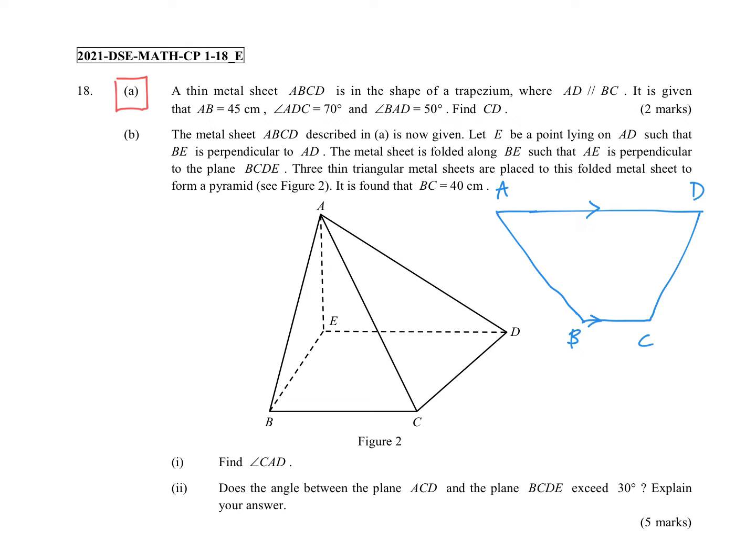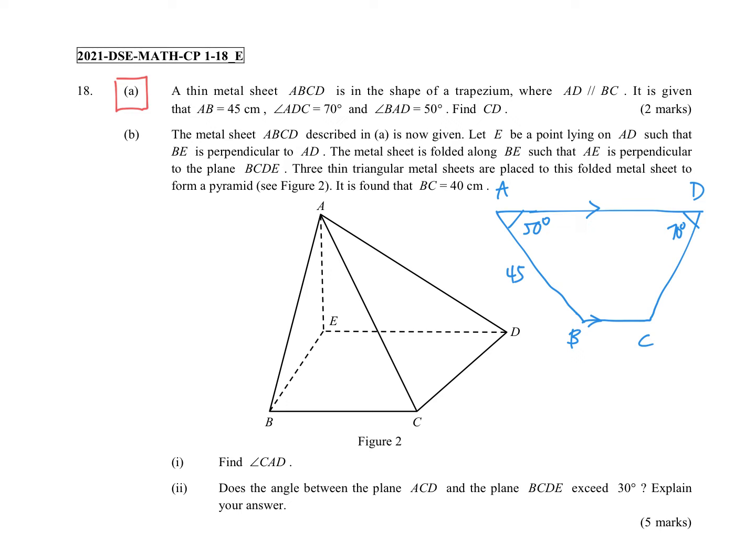Good. It's given AB equals 45 cm, and the angle ADC equals 70, and then BAD equals 50. So, we are asked to find CD. Okay.